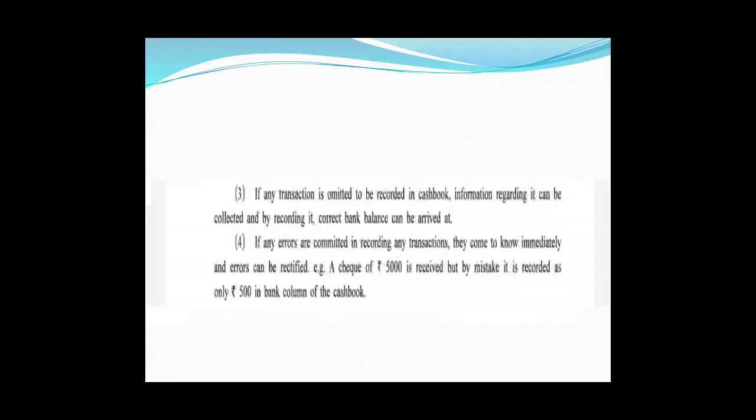That is 4,500 less amount is debited to cash book in bank column. So that can be known, and that can be rectified, or the effect can be given to increase that much of amount at the debit side of cash book, right?